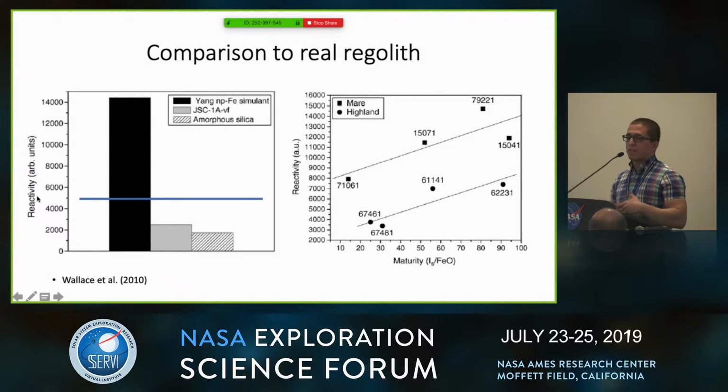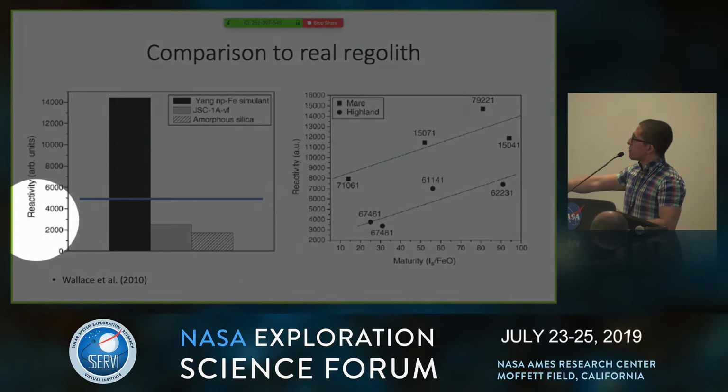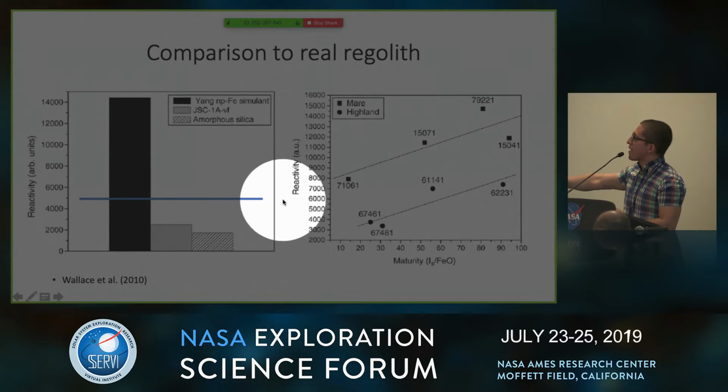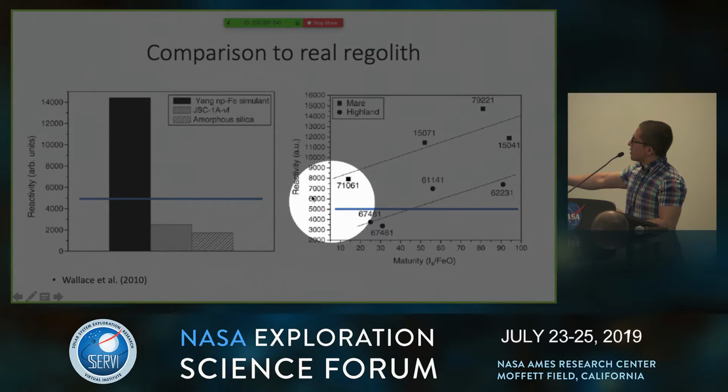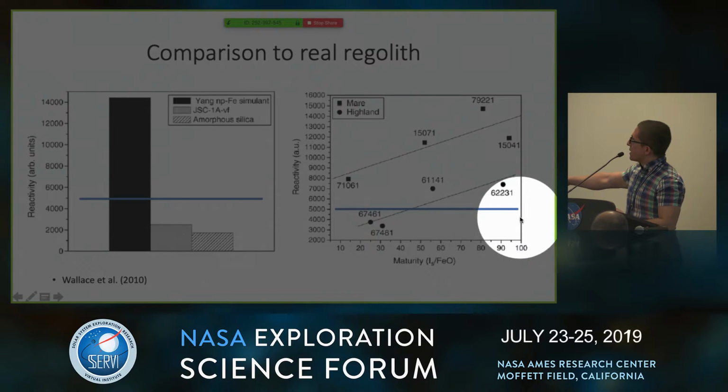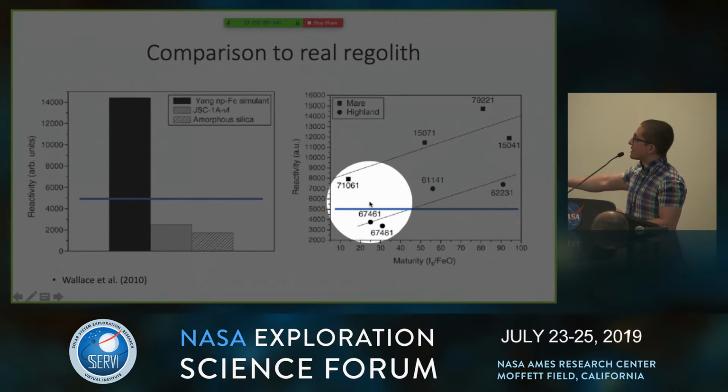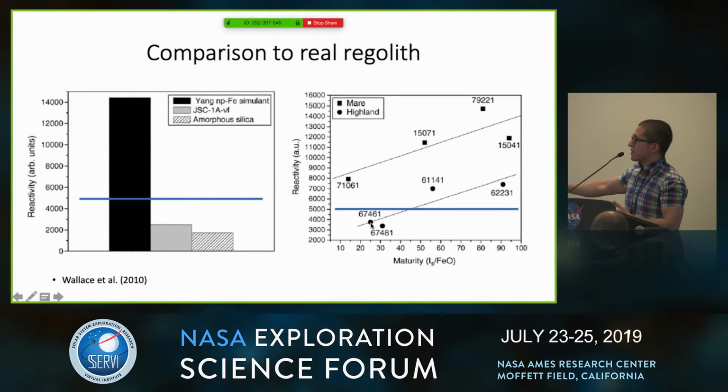And if the reactivity of our JSC1A doubled due to reduction, then if we were to plot ours on here, it would be around 5,000. And on this graph on the right, which is also work that they did, our JSC1A would plot around here. As you can see, these are all Apollo 16 samples. So our reduced JSC1A so far seems to mimic the reactivity of Apollo 16 samples.